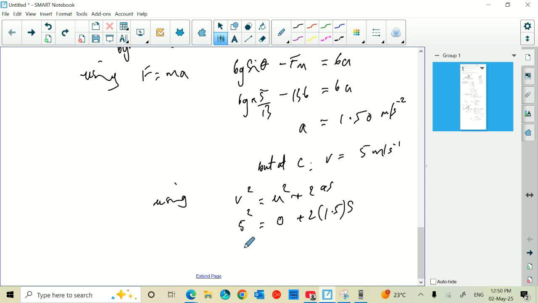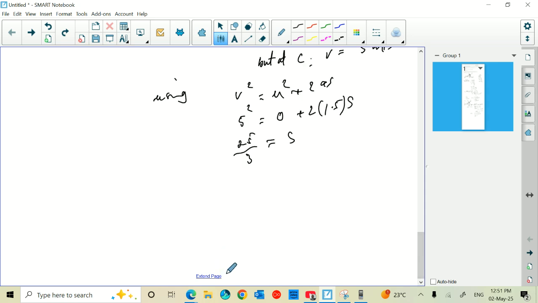So that gives me 25 divided by 3 is equal to s, and that will give me the answer of 8.33. So s is equal to approximately 8.33 meters. And that's it for 13 marks.